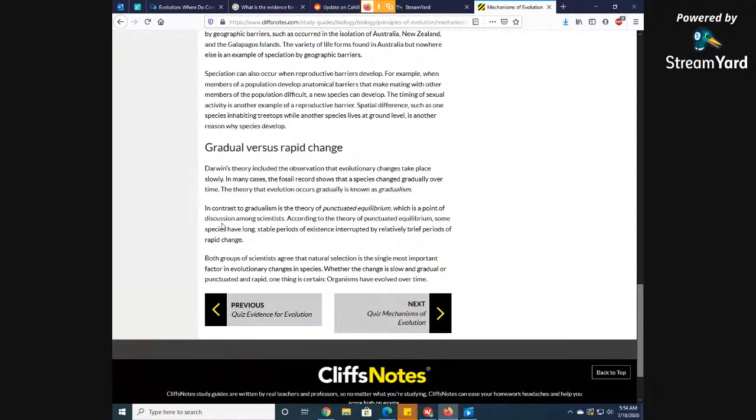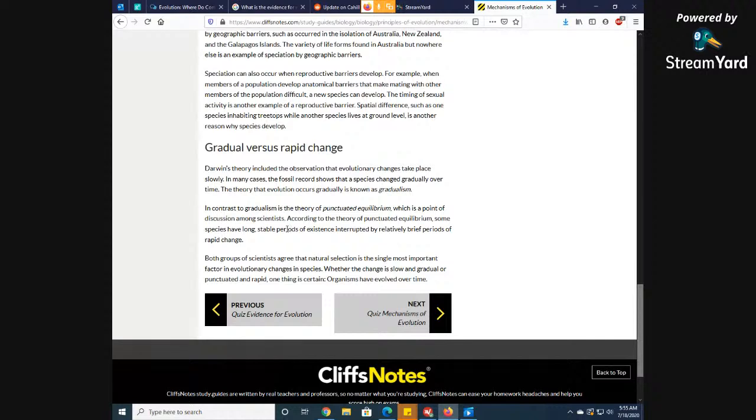Uniformitarianism. In contrast to gradualism is the theory of punctuated equilibrium. So all of a sudden there's punctuated equilibrium. There's gradualism and all of a sudden punctuated equilibrium, which is the point of discussion among scientists.